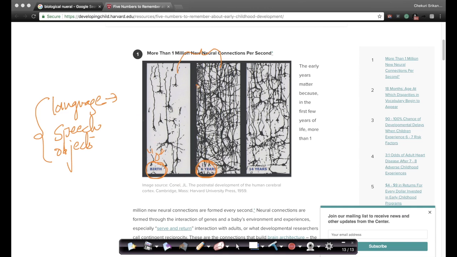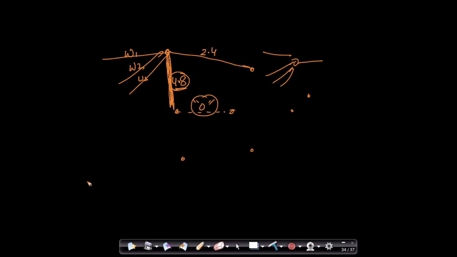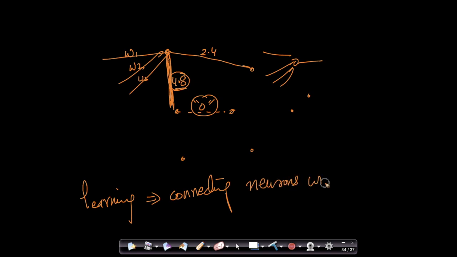And what we call biological learning is nothing but, in neuroscience, connecting neurons with edges.